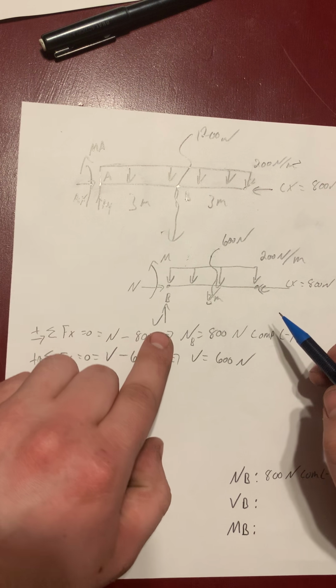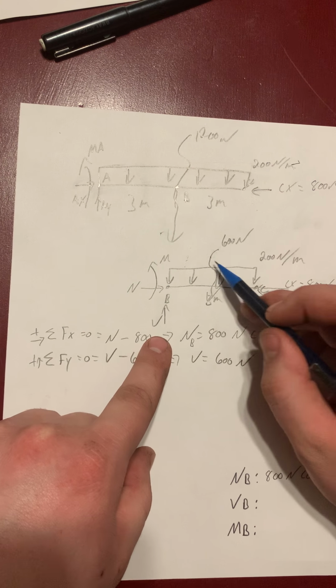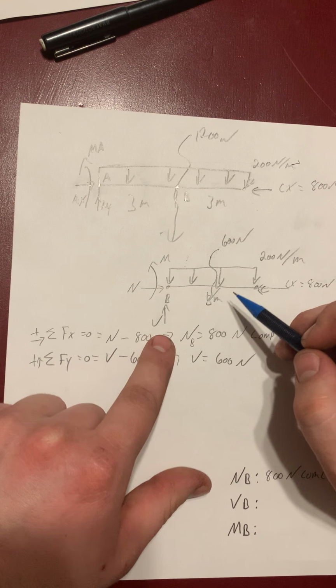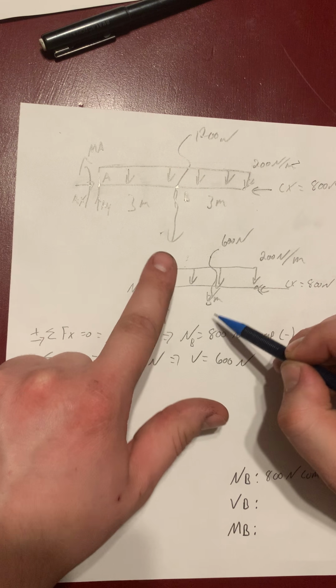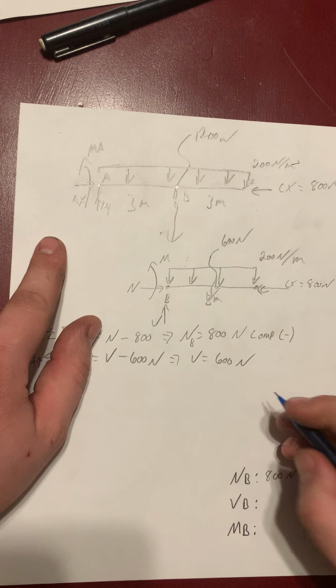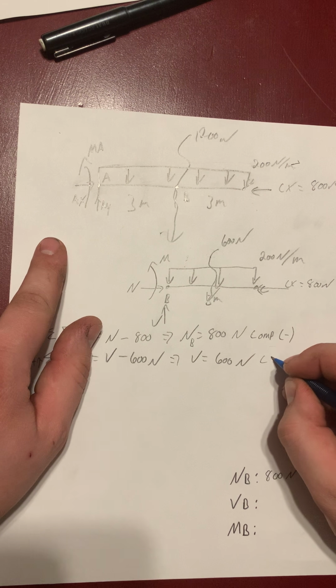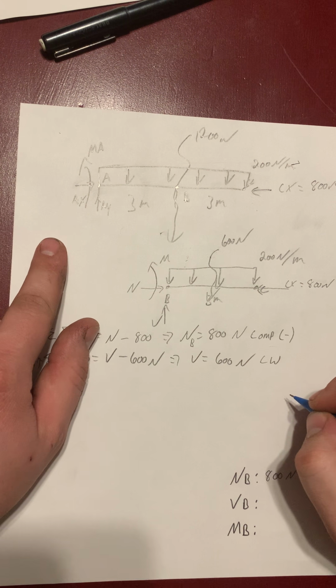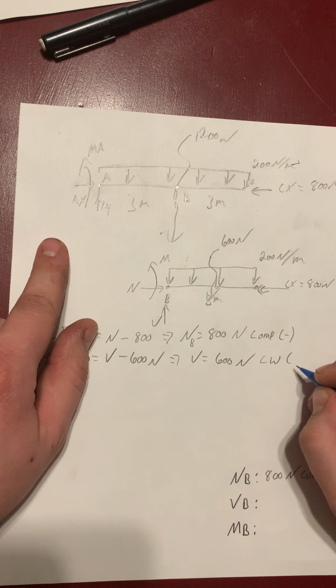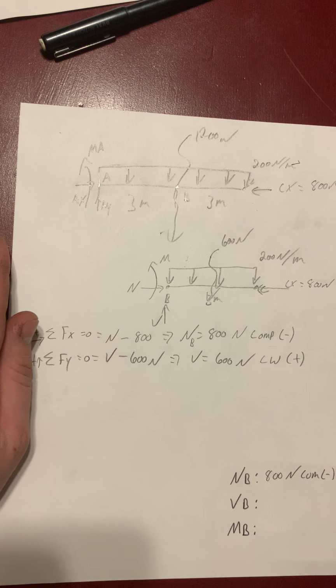Well, so let's think about it. If we have shear going up like this and this force going down like this, right? Well, think about what rotation does it have? Well, let's just say it's clockwise. Okay, that is clockwise shear. What does that mean? It means that it's positive, right?